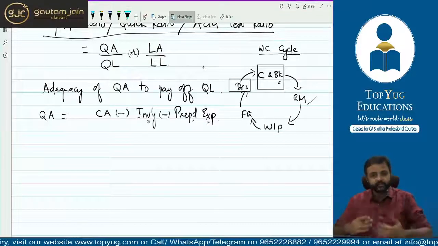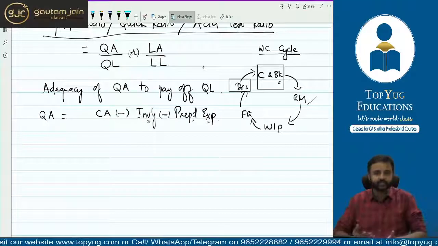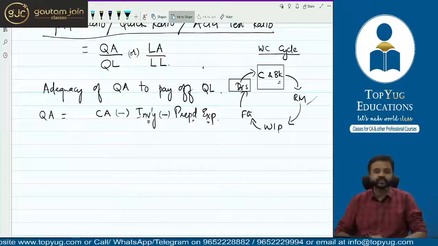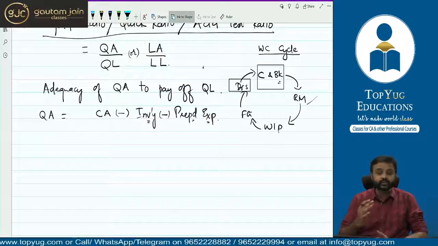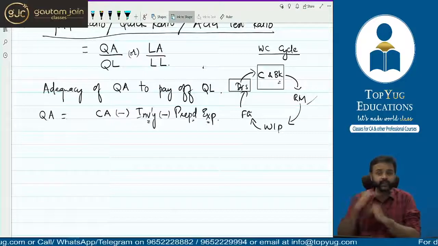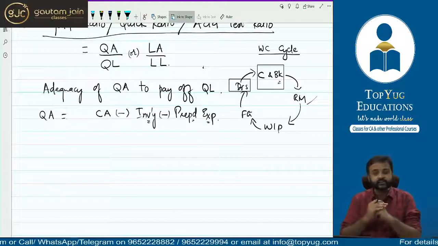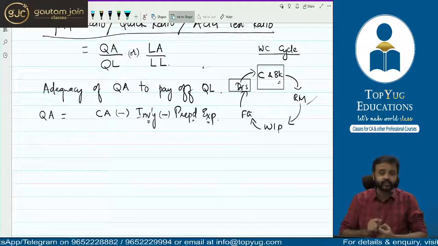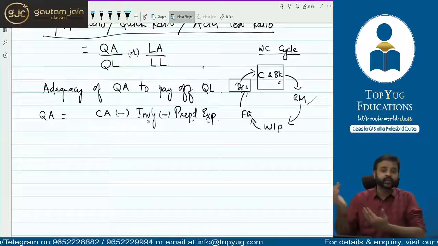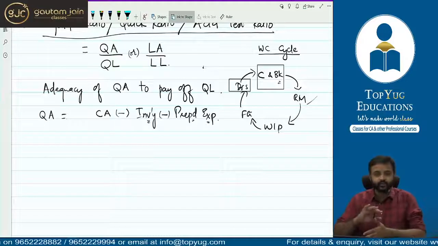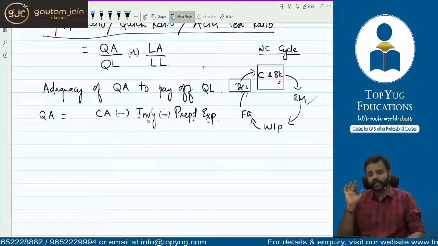Cash, bank and marketable securities are already in cash form or can easily be converted into cash, and debtors or bills receivable can definitely be converted into cash, because there is bill discounting, where you go to the bank and get the money. Factoring is also possible. We'll be reading about factoring as well, where you assign the right of collecting money to someone else, who may give you the money in advance and then collect it.